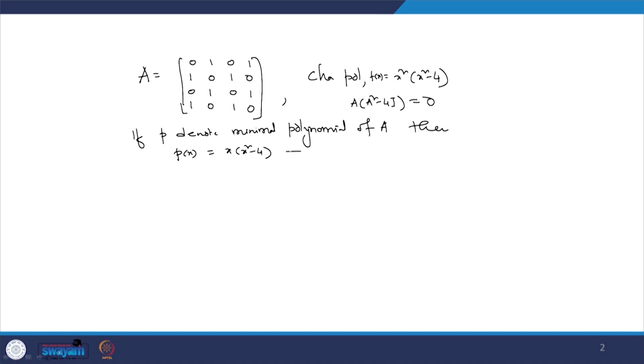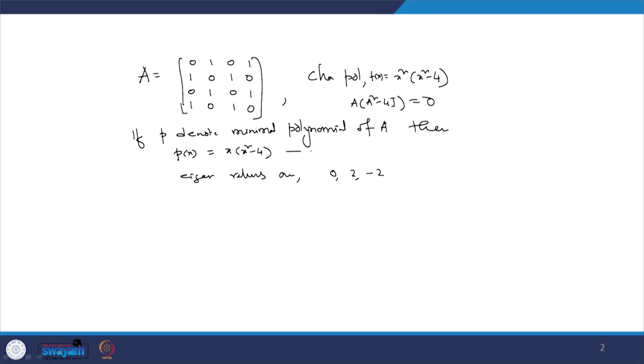Already we have seen that when an operator or matrix is diagonalizable, its minimal polynomial is the product of its linear factors. The eigenvalues here are 0, 2 and minus 2. So according to the theorem, P(x) has to be x minus 0 into x minus 2 and x plus 2. That we have also seen here, fine.